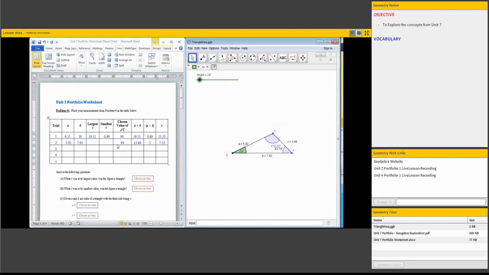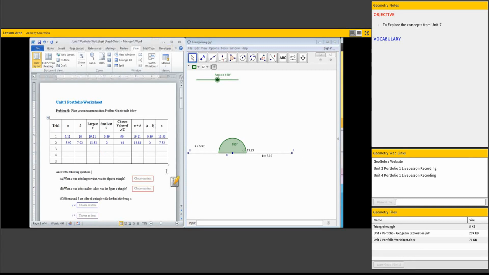So it looks as though the smallest possible value of C is 2 again. And when it's at 180, the value keeps going up and up until I get to 180. If I start going beyond 180, it starts decreasing. So it looks as though 13.83 is going to be the maximum.